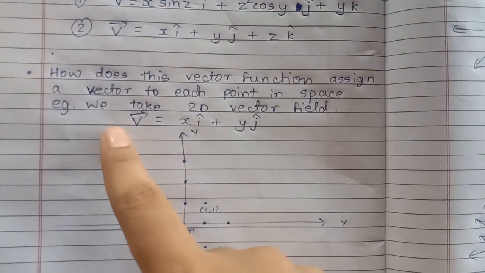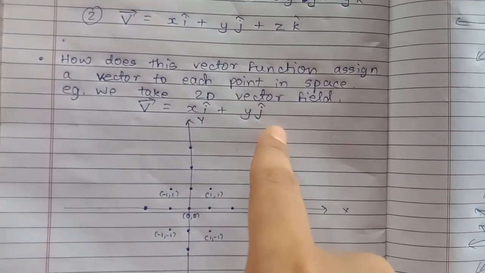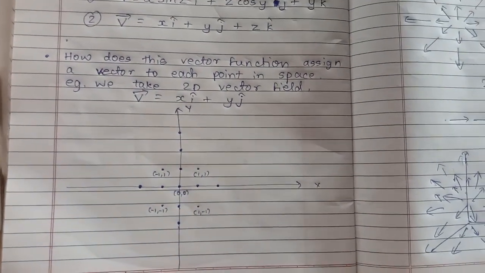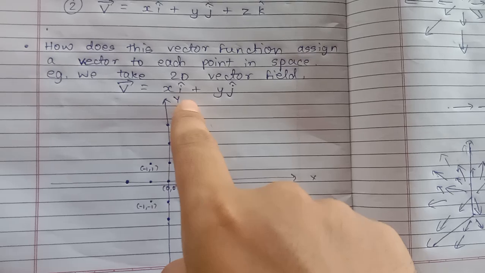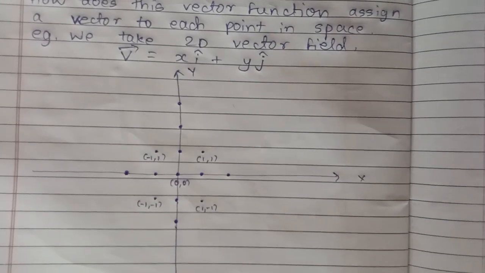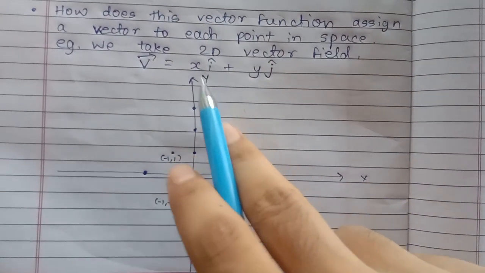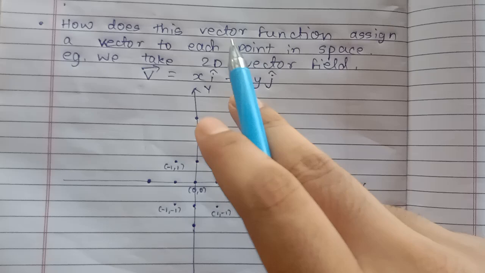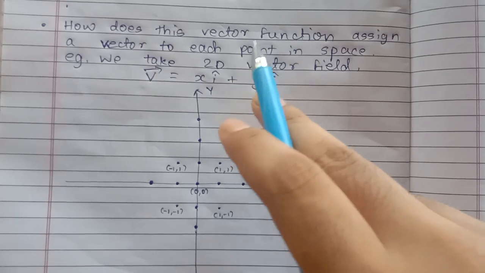Now we will take a 2D vector field, that is v bar is equal to x i cap plus y j cap. So we have the xy plane here. Now we will see how this vector expression generates a vector field. As I told you, this vector function takes the coordinates of a point in space as input and gives a vector as output, and that vector is the vector assigned to that point.